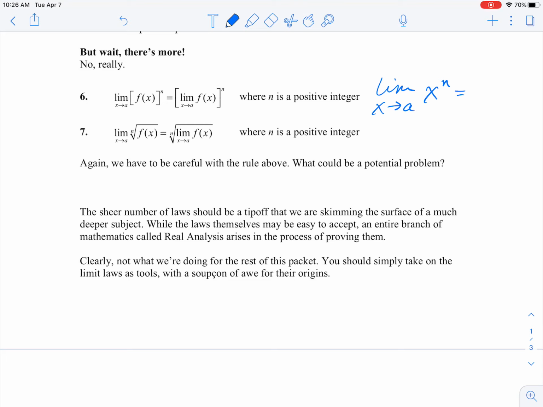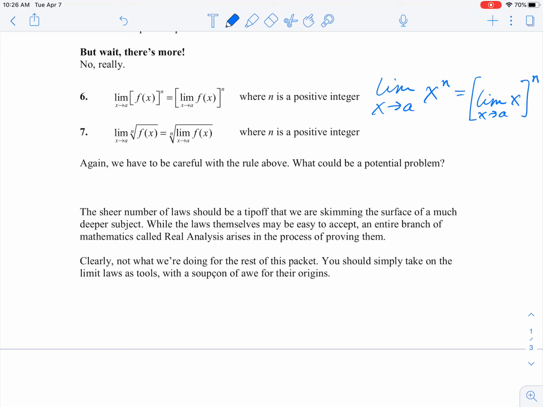That's the same as doing the limit as x approaches a of x to the n. That's all that this means. In a related fashion, the nth root has the same property where n is a positive integer. Again, this triggers a caveat.